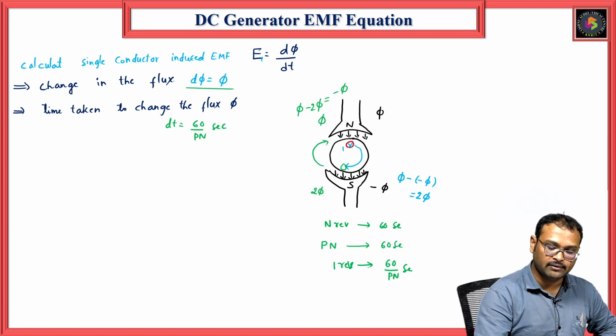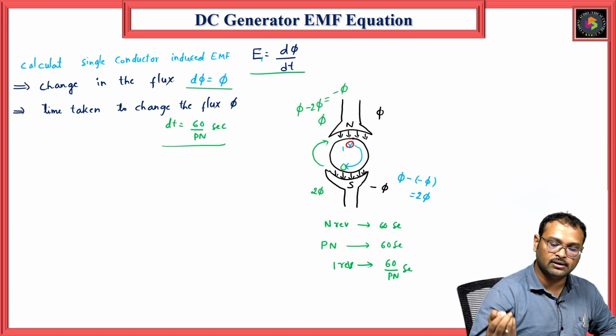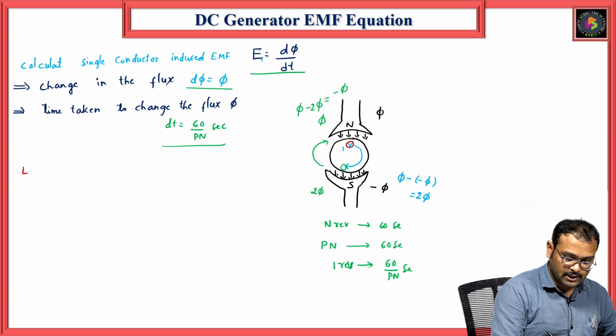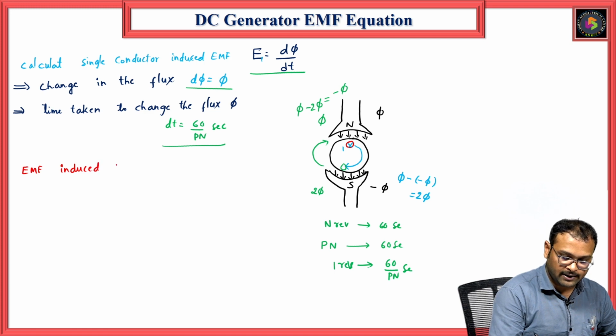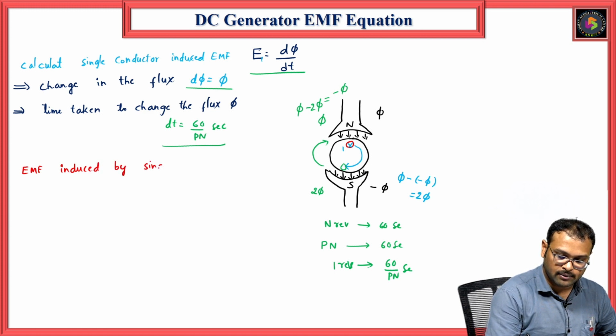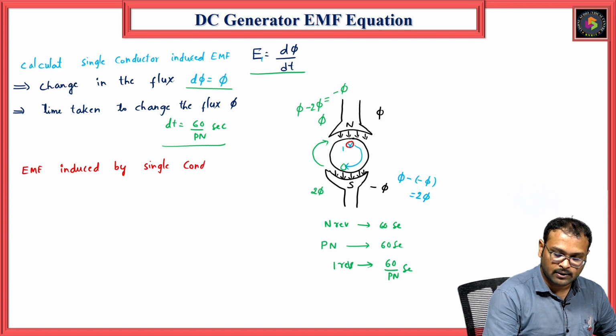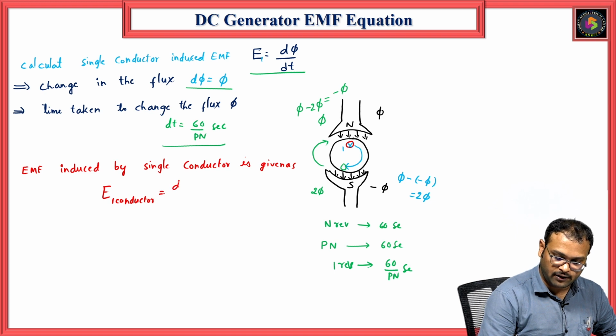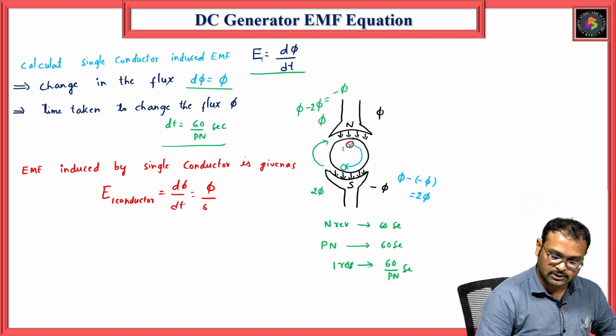So now we have d phi, now we have dt, so we can find the EMF induced by a single conductor. The EMF induced by a single conductor is given as E single conductor is equal to d phi by dt, which is equal to phi by (60 by Pn).